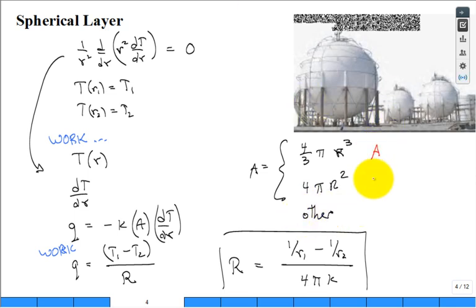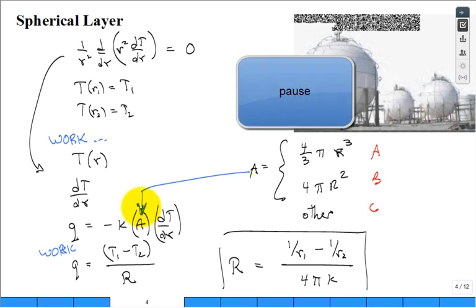Answer A, answer B, or answer C. I'm looking for the equation for the area of a sphere. Is it 4/3 pi r cubed, 4 pi r squared? Because I'm going to have to use that right here, aren't I? Don't I have to use it right there?